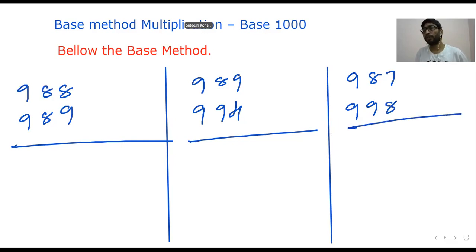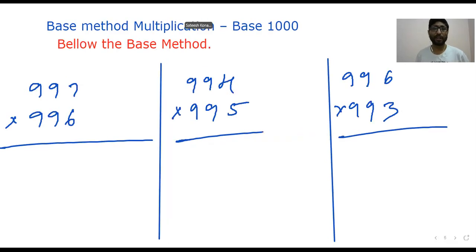We'll go for 998. See, look at here now. Different numbers are a little difficult. No, it's not difficult. It's below 1000: 1000 minus 3, 1000 minus 4, 1000 minus 6, 1000 minus 5, 1000 minus 4, 1000 minus 7.